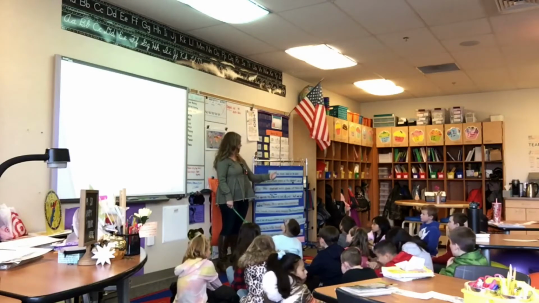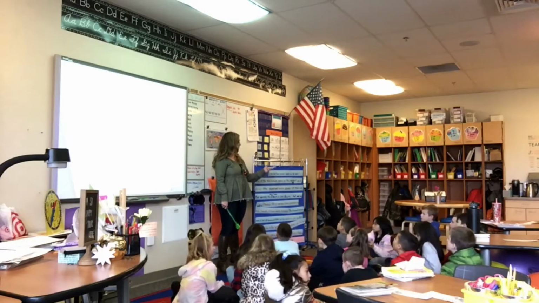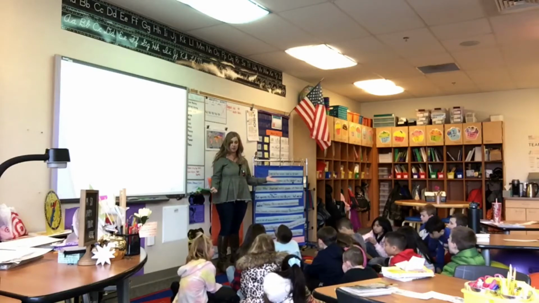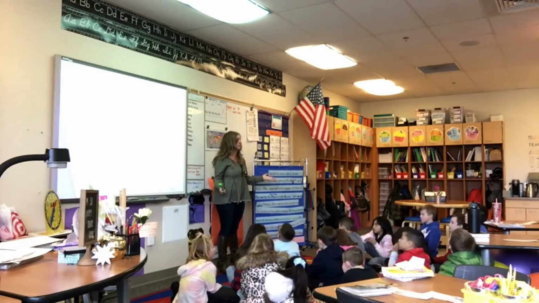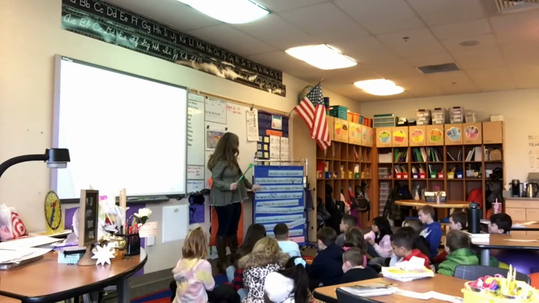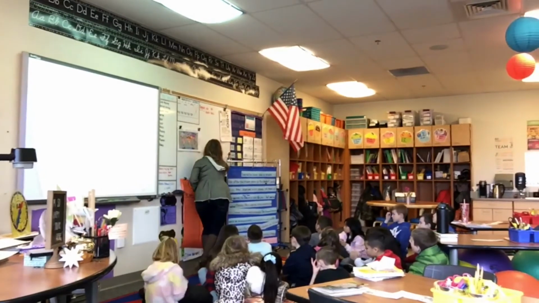About a passage. About text. A person, place, thing, idea, or event, right? And what are we telling the reader? What we think, or are we telling them facts? Facts. Nice job.